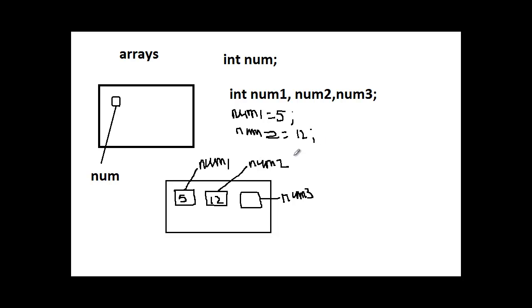And similarly, if I say num3 is equal to 1, then 1 will be assigned to num3. This is the way variables are created in C++ and assigned values.